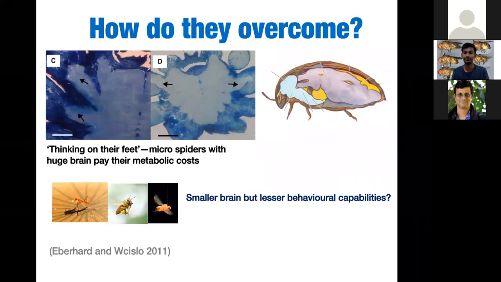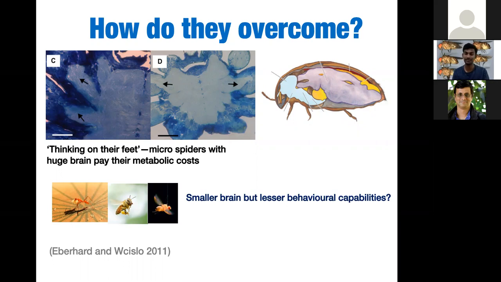But it gives a new meaning to the term thinking on their feet. One advantage could be that these animals with relatively bigger brains are able to retain some of their behavioral abilities. That's one of the hypotheses. But this kind of adaptation is not possible for a lot of insects, especially when there's a constriction between neck and thorax.